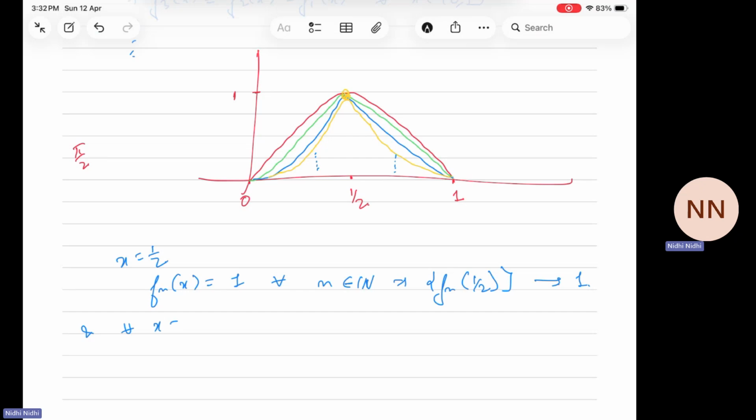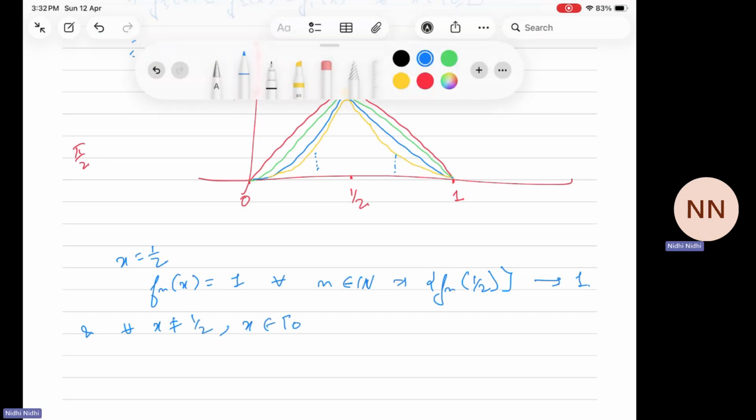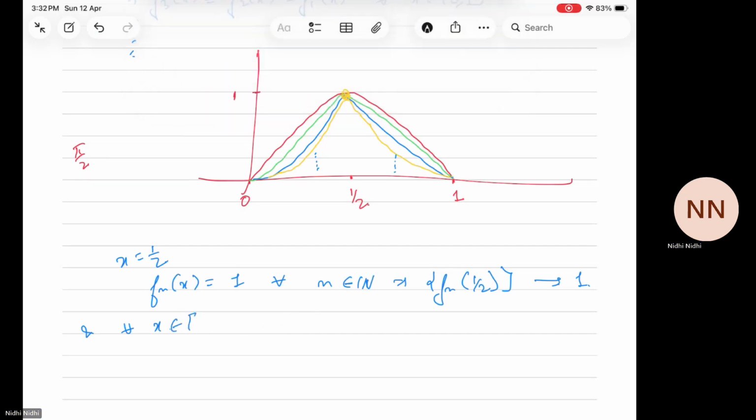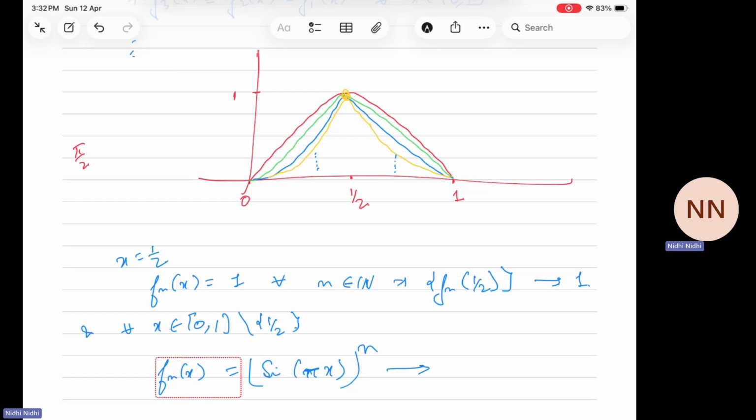For every x in 0 to 1 minus 1 by 2, this fn(x), which is sine pi x to the power n, will go to 0 because sine pi x is strictly less than 1 for x not equal to 1 by 2, and for any fixed alpha strictly less than 1, alpha to the power n goes to 0 as n tends to infinity.